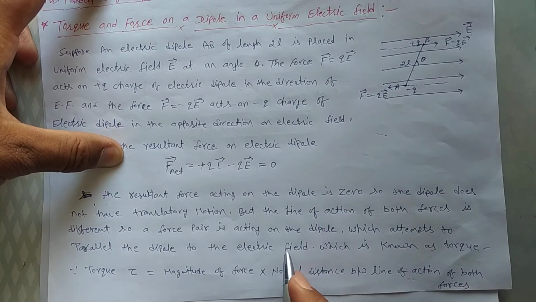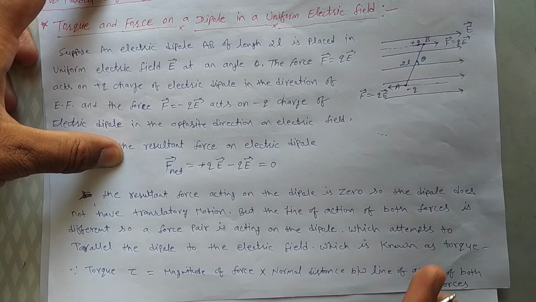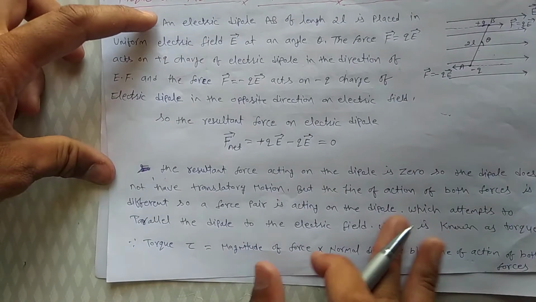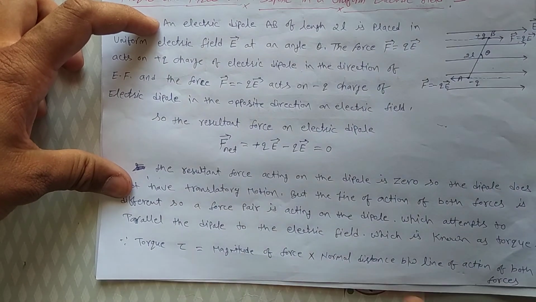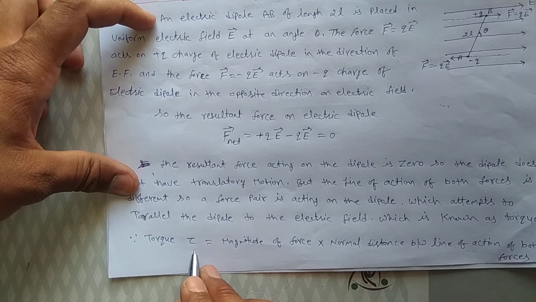This force pair is known as torque. Torque is represented by tau. This is tau, and we know the definition and formula of tau.